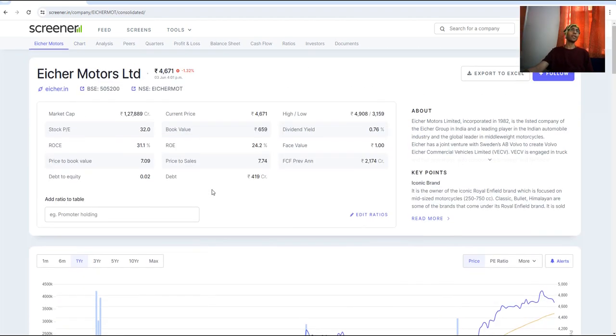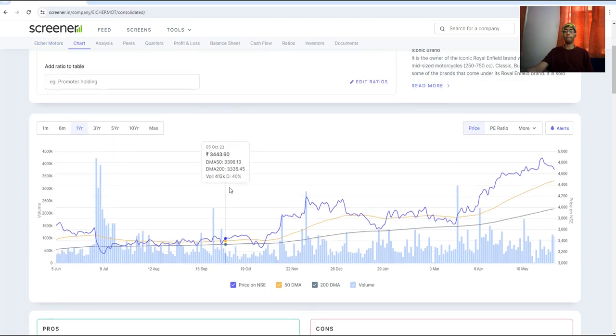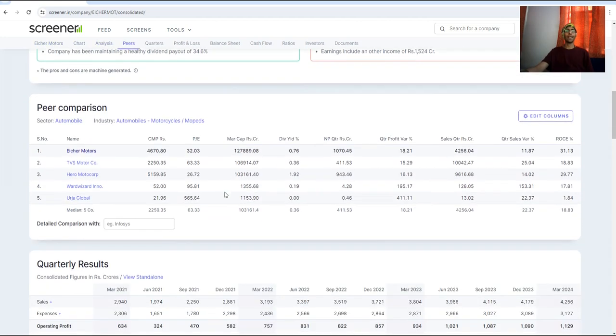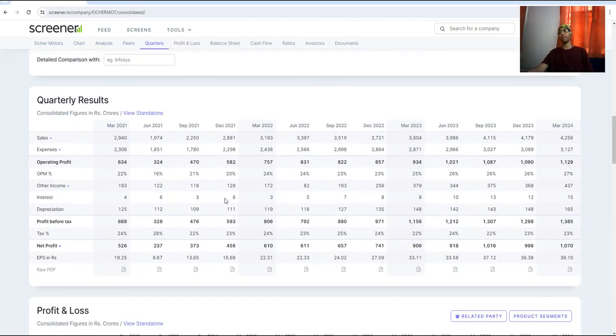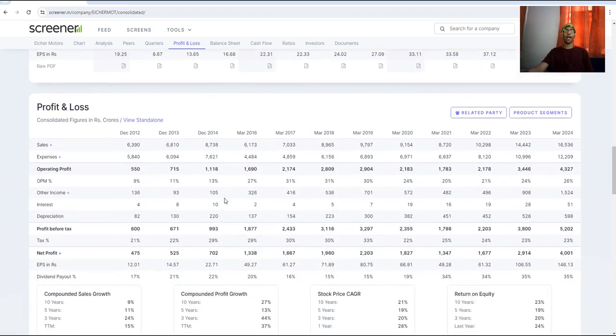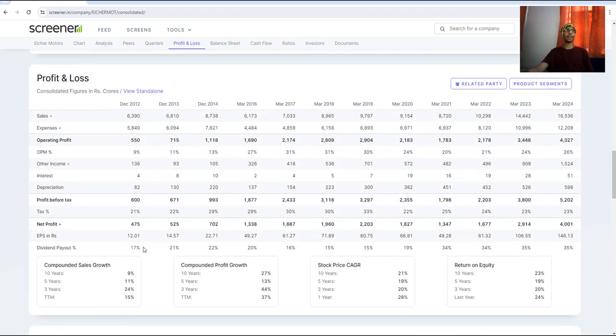Now coming to the dividend discount model. So the condition for that is it has to have some dividends that is being paid, and we can see some consistency here: 17%, 21%, 22%, 20%, 16%. These are the payout ratios, right? And the payout ratios have increased. So we will use these trends to find out our numbers and do some valuation around it.